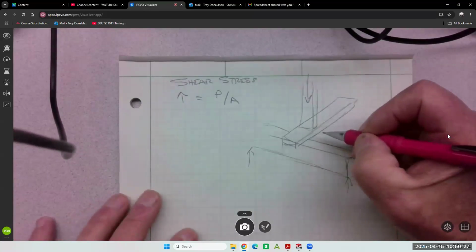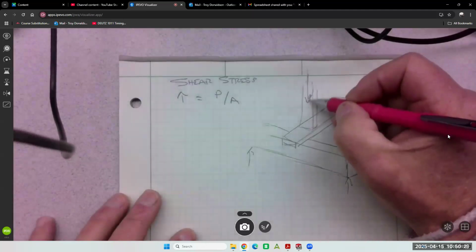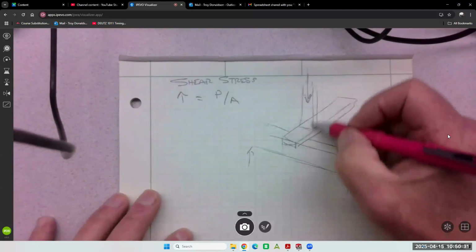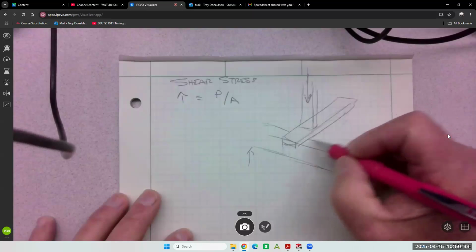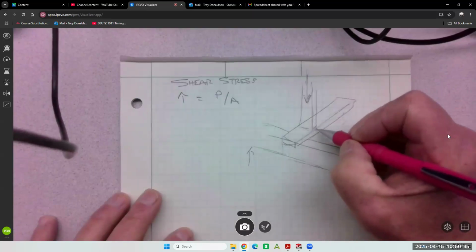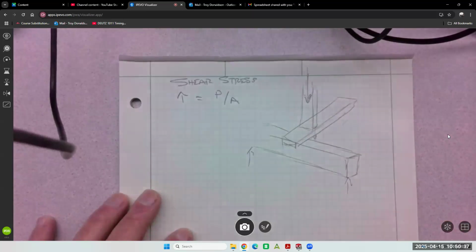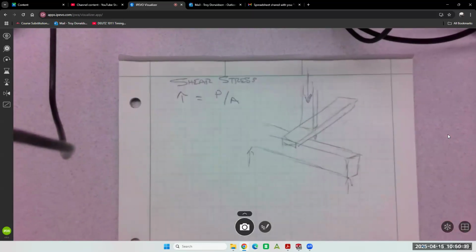So what can happen is if this load is too great, it's going to want to bend this thing, but more than likely it's going to want to just continue straight down and shear it off. There are metal shears, maybe you've been exposed to those, where you put a piece of metal in, push a button and it just shears off the metal.